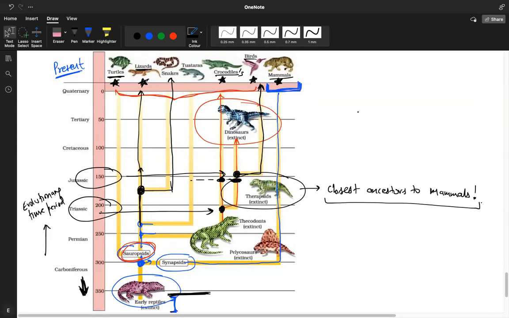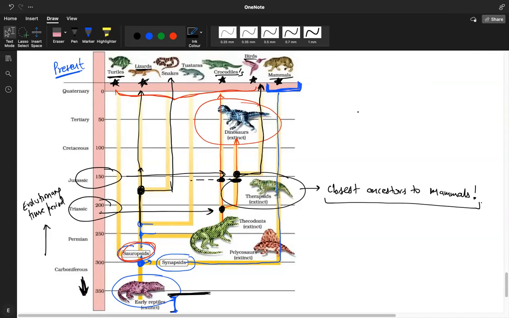So those were some herbivores, which had very long necks, known as Diplodocus or things like that. Do you understand? Okay. So write down.